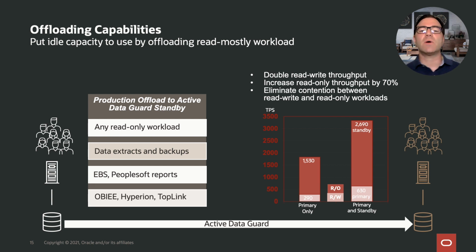Now, one of the things, however, we got as feedback was that these reports that we thought you could easily run on the standby, such as from EBS and PeopleSoft, are oftentimes not only read-only, they are read-mostly because in the end of the report, they often have the desire to write at least once, which makes sense because if you have a quarterly report, for example, that reads a lot of data and then writes a summary, that summary still needs to be written.